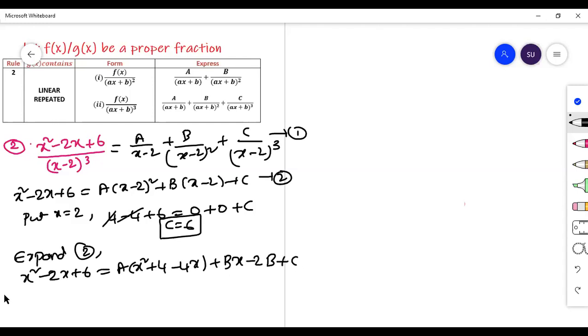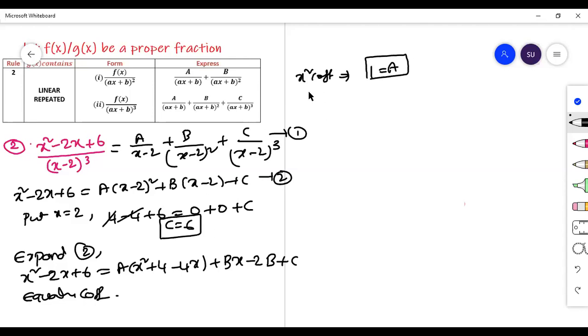Now equating coefficients on both sides. First we'll equate the x square coefficient. What is the x square coefficient on the left-hand side? 1. Right-hand side, a into x square, so that is a only. a is equal to 1.